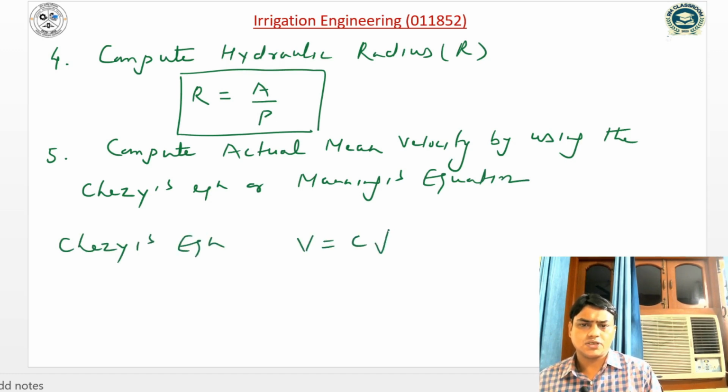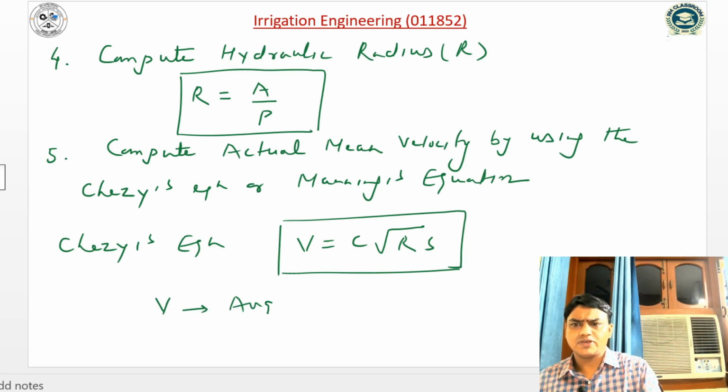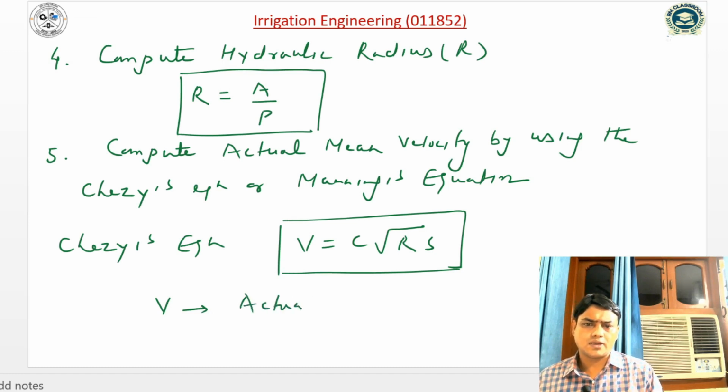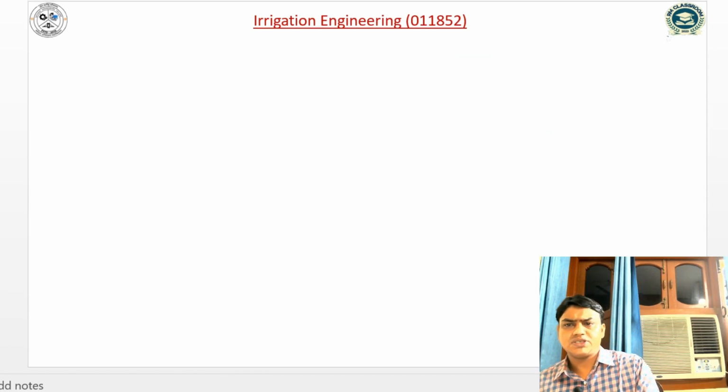V is equal to C square root of R into S, where V is the actual mean velocity, R is the hydraulic radius, and S is the bed slope.